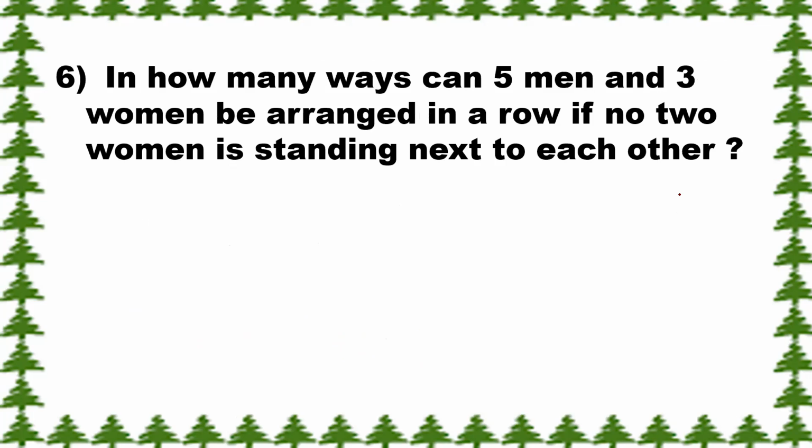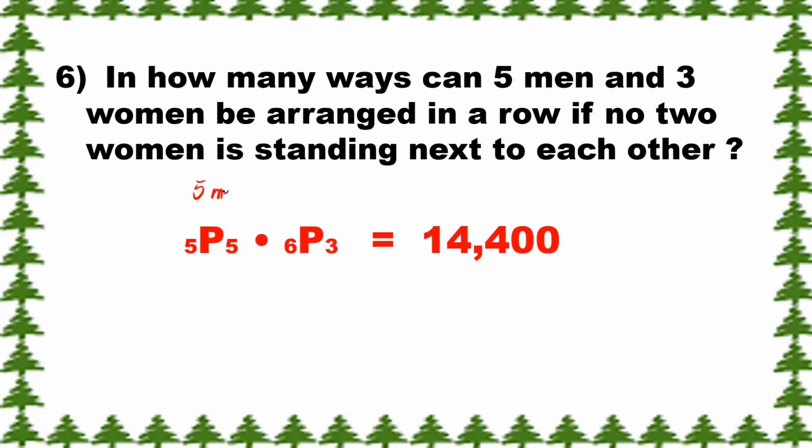And ito naman yung sa 5 men and 3 women. So that is permutation of 5 taken 5 at a time, kasi we have the 5 men. At ito yung sa 3 women, which is hindi pwedeng magtabi-tabi, meaning they are in the middle of 2 men.